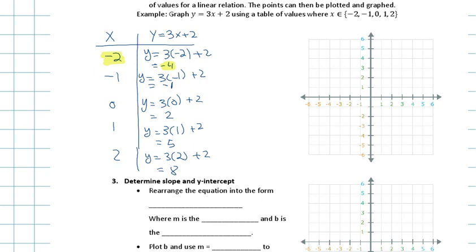So you see that these are my points right now: (-2, -4), (-1, -1), (0, 2), (1, 5), (2, 8).